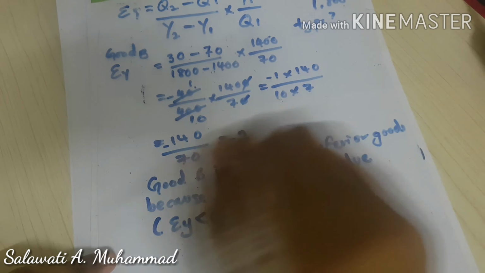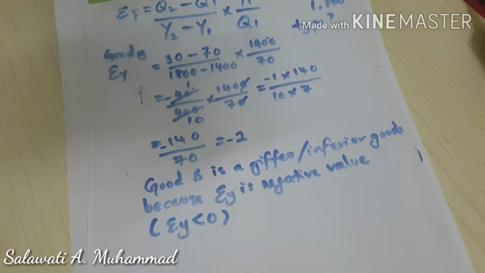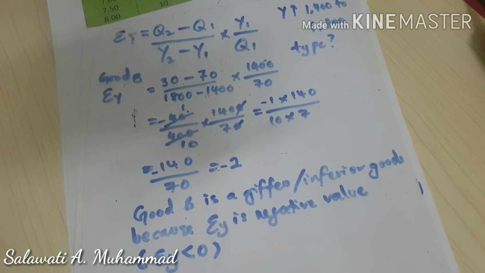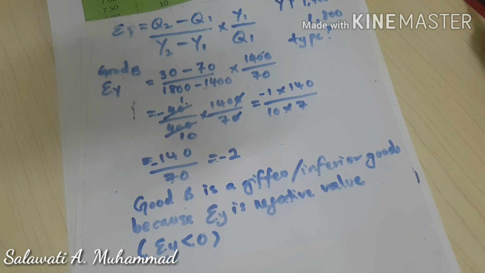Okay, so this is the answer for the question. Good A is a luxury good, and this one, good B, is an inferior good.